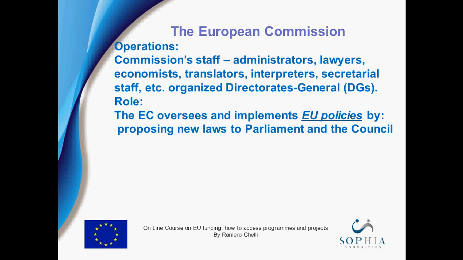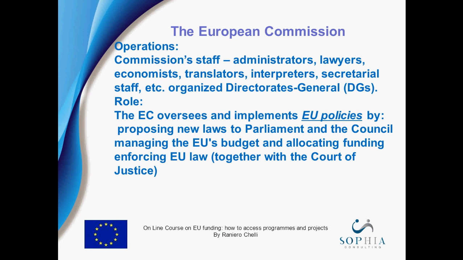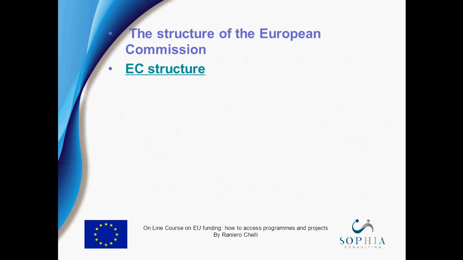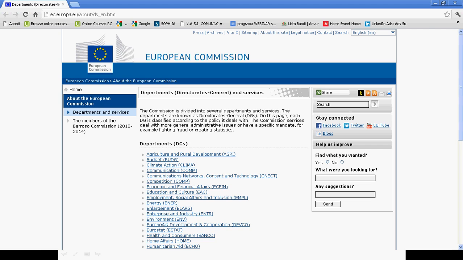The Commission oversees and implements the policies by proposing new laws to the Parliament and the Council, by managing the budget and allocating funds, enforcing EU law together with the Court of Justice, and representing the Union internationally.